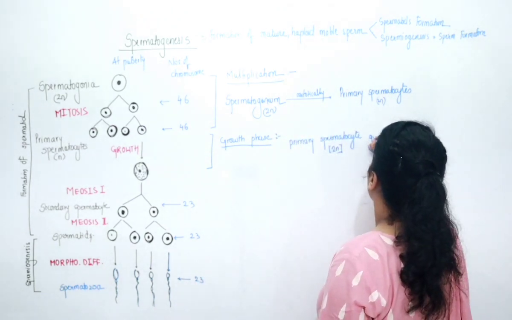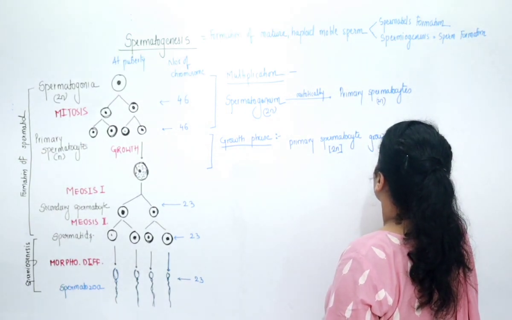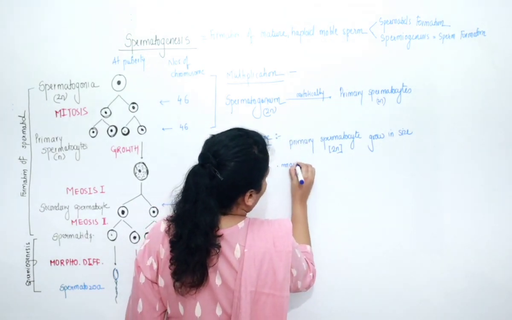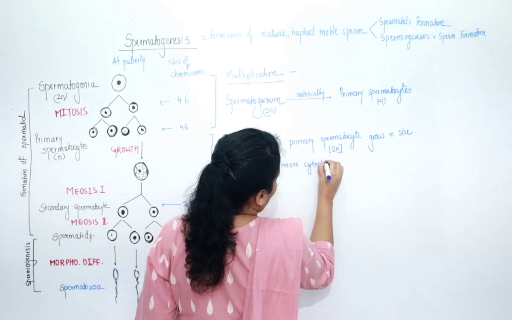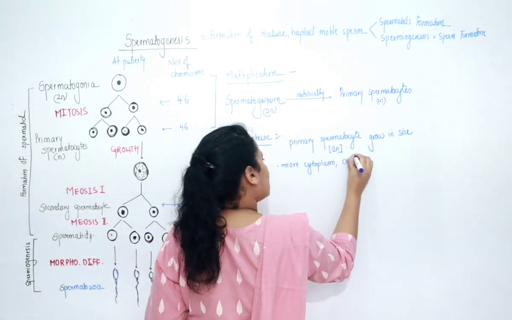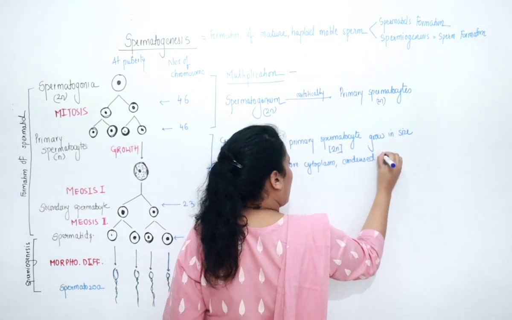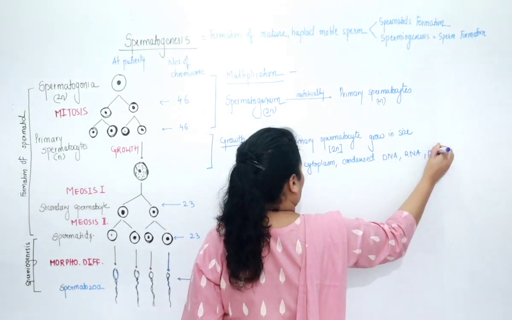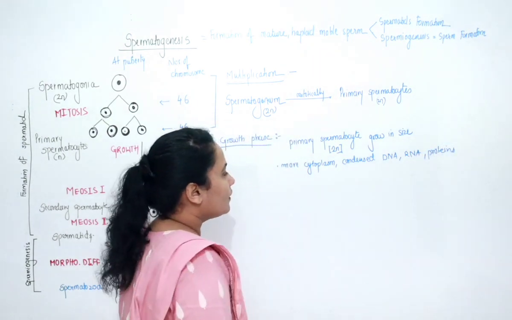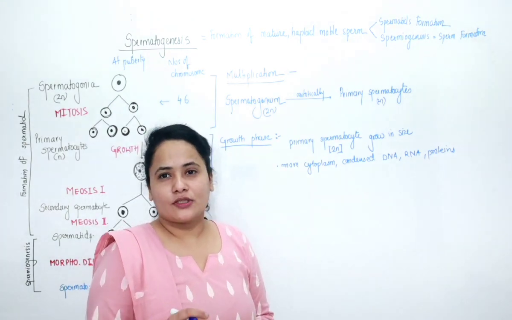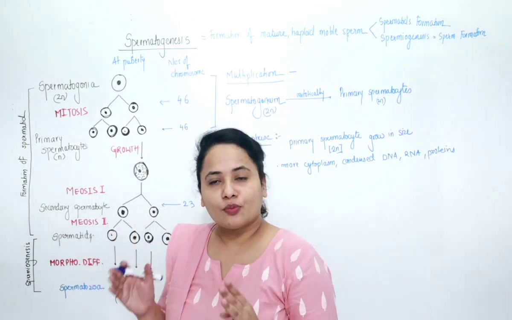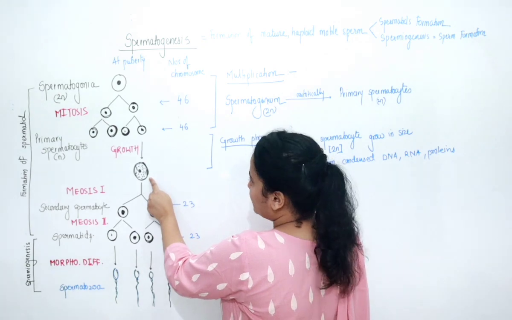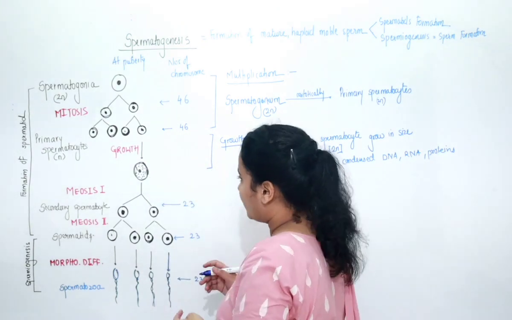It will grow in size, it will have more cytoplasm, and condensed or concentrated DNA, RNA and proteins, right? So this is what you call the growth phase, and it is a very short period of time. So the primary spermatocyte is still a primary spermatocyte only. So this is the second phase, the growth phase.